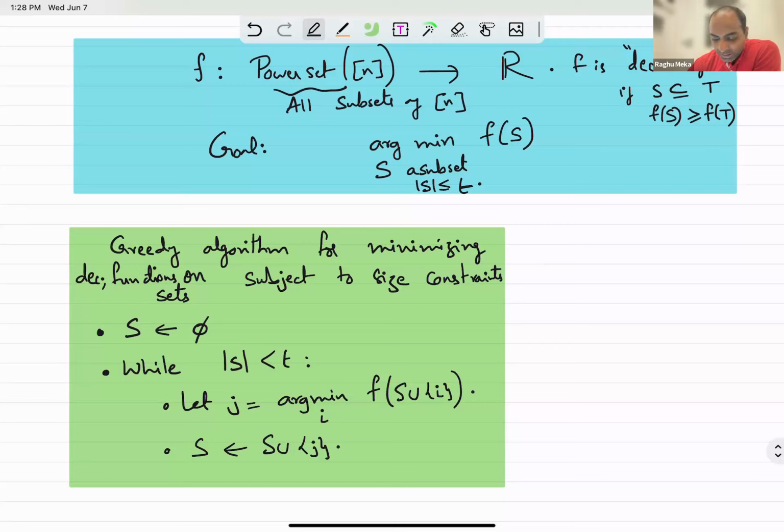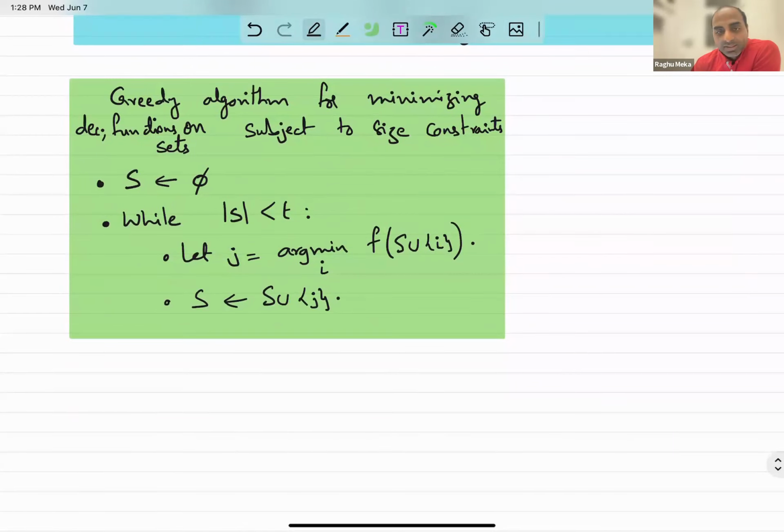But in general, if I just do greedy, you're not going to find the optimal solution. In fact, you might be very, very far from being optimal. But there is one very nice and important special class of functions where the greedy algorithm will provably work.